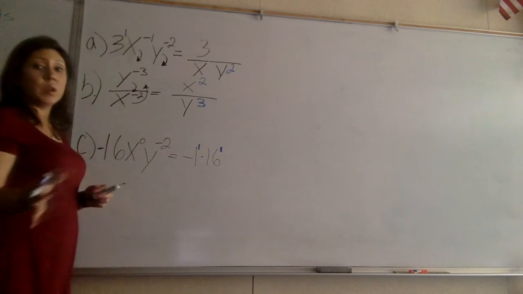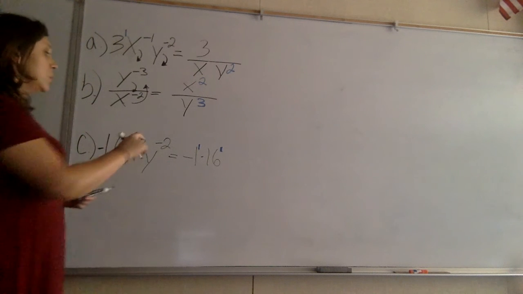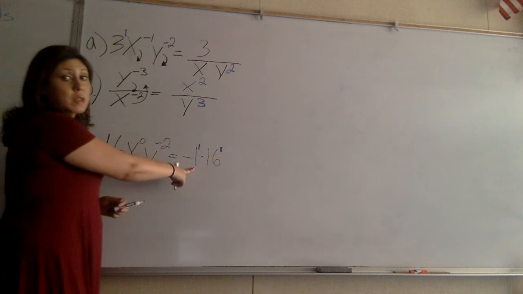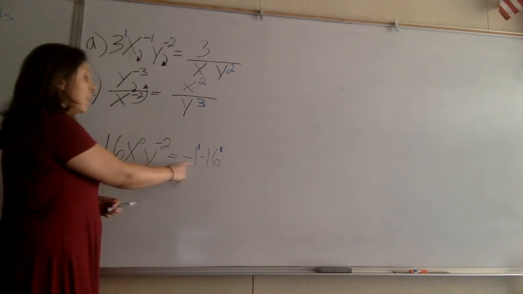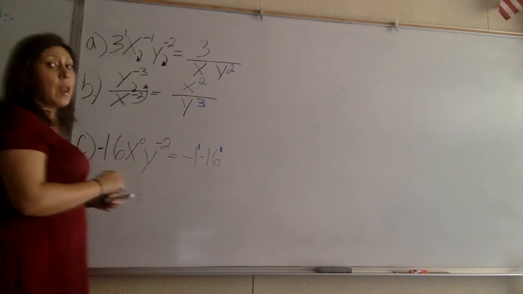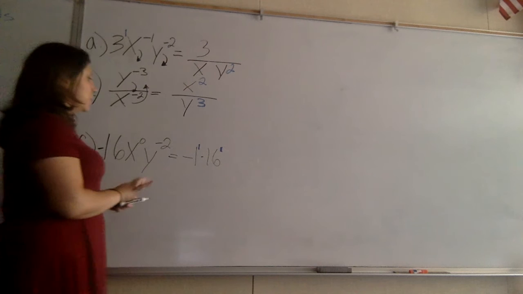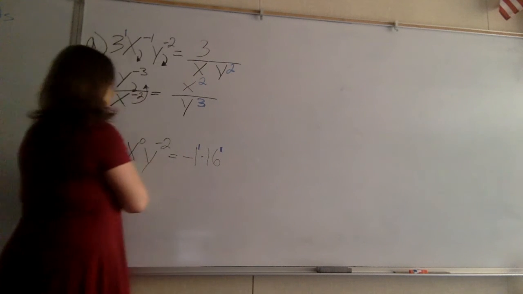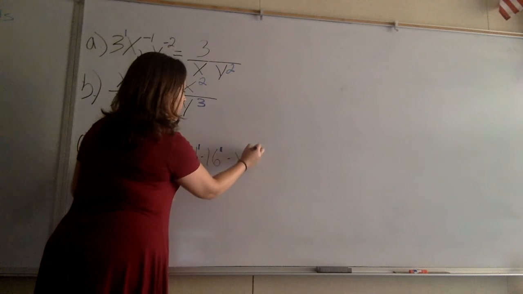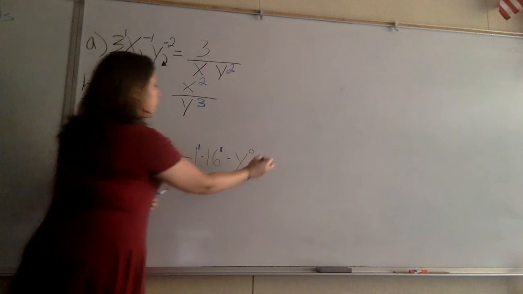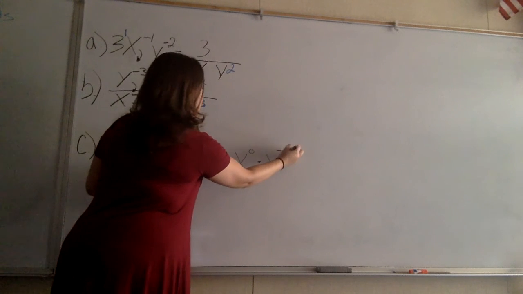Are they positive or negative? Positive. So am I going to move these guys? No. Even though I see a negative 1, this is my base, not my exponent. So it's going to stay. Then I treat each one of these separately. I have x to the 0, and I also have y to the negative 2.